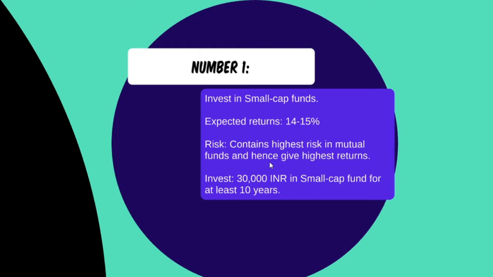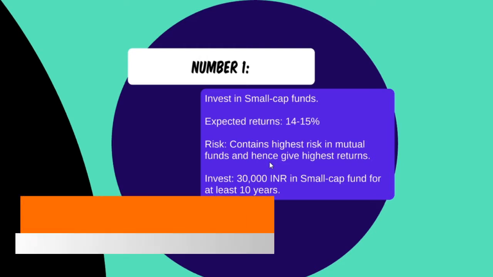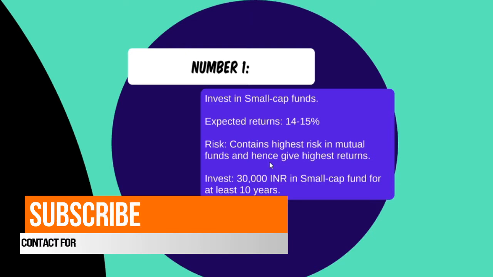I expect 14 to 15% here, but you may get 16, 17 or 20% return. There is no limit in small cap funds, because they include small companies, and if a small company gets an amazing future, it will become a fortune for you.